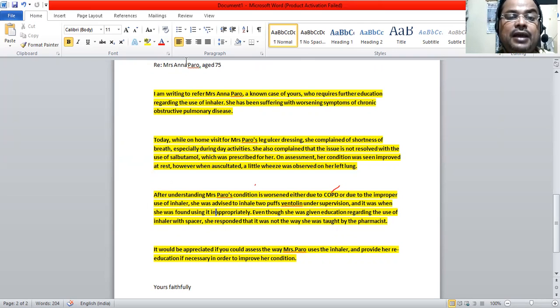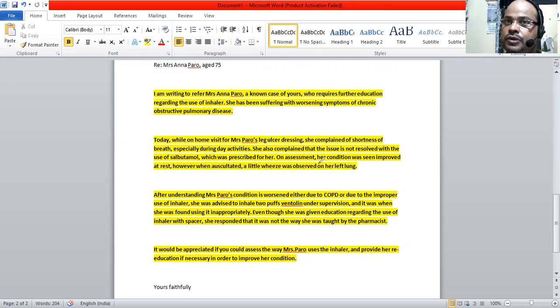So what exactly happened after observing the condition of Mrs. Parrow is that we found she might have a problem with her condition, COPD, or improper use of the inhaler. We advised her to have Ventolin in 2 puffs, but we found that the inhaler use was inappropriate.